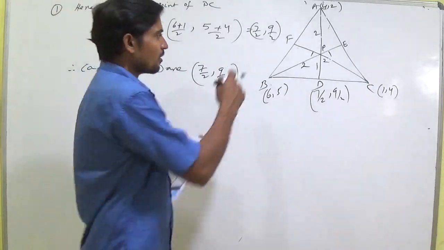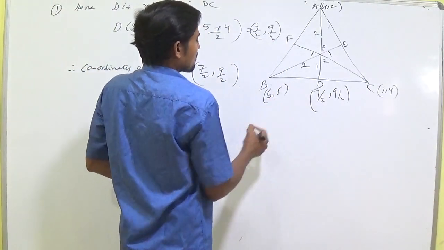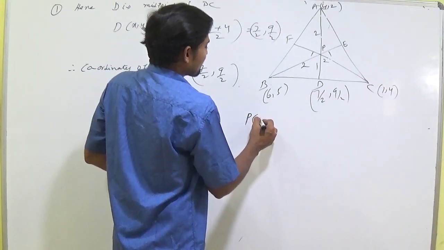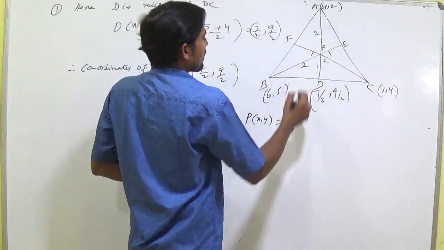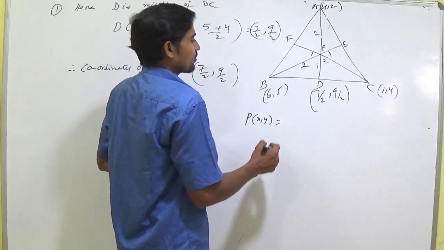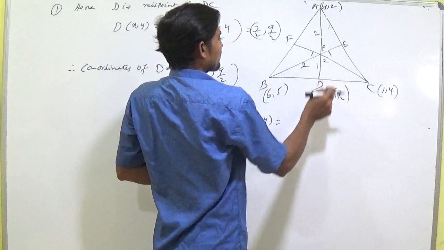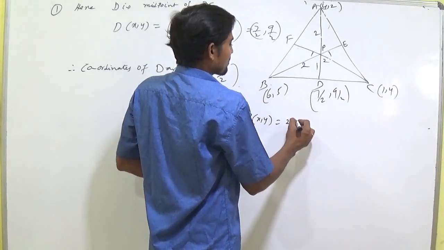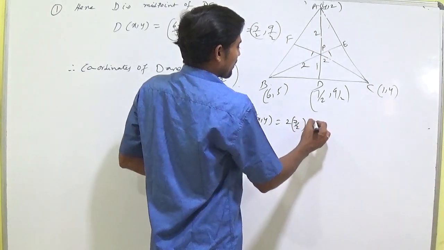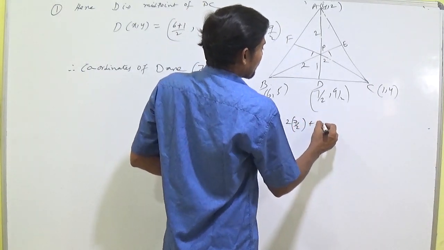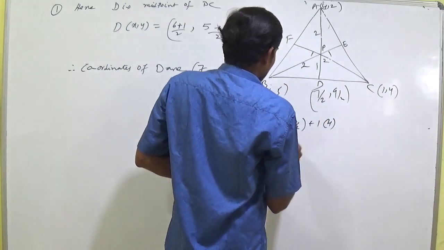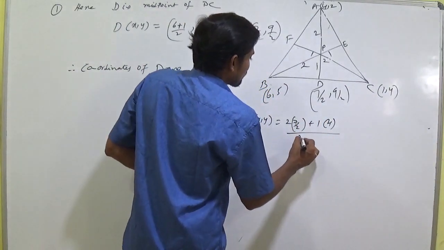Understand? So roughly I am saying here, P (x, y) equals (m1 x2 plus m2 x1) by (m1 plus m2). Suppose this is (x1, y1), this is (x2, y2). m1 is 2, x2 is 7 by 2, plus m2 is 1, x1 is 4, by 2 plus 1.